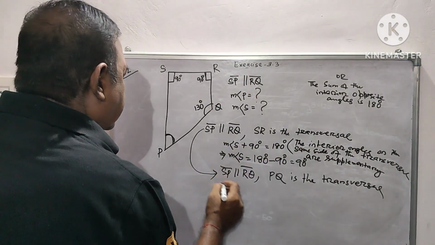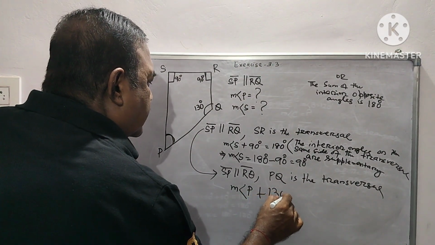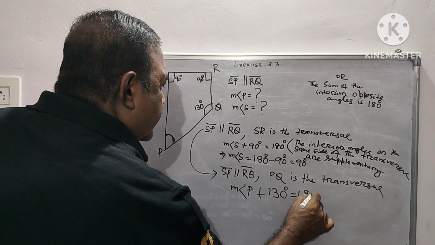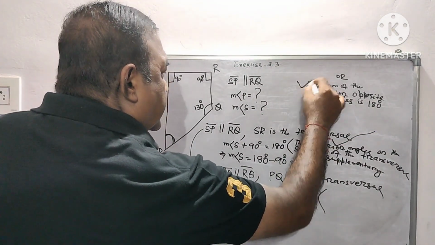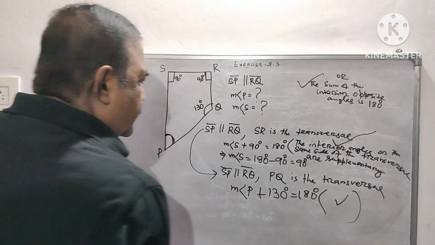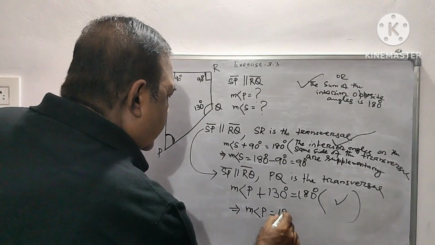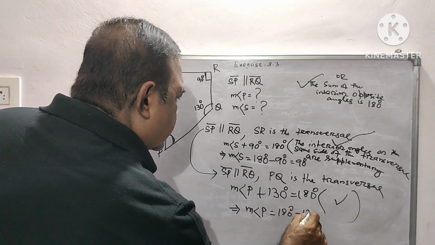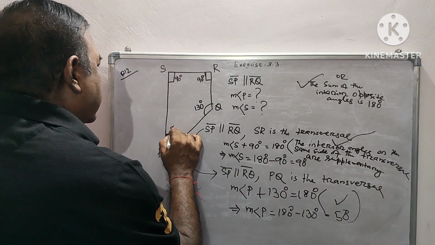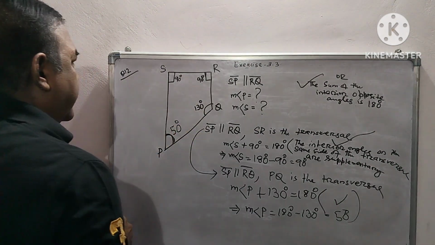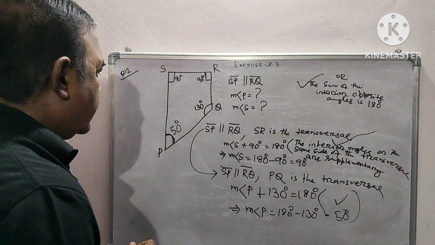So we may write here measure of angle P plus 130 degree is equal to 180 degree, by this property. So that implies measure of angle P is equal to 180 degree minus 130 degree, that is equal to 50 degree. So here you got 50 degree.